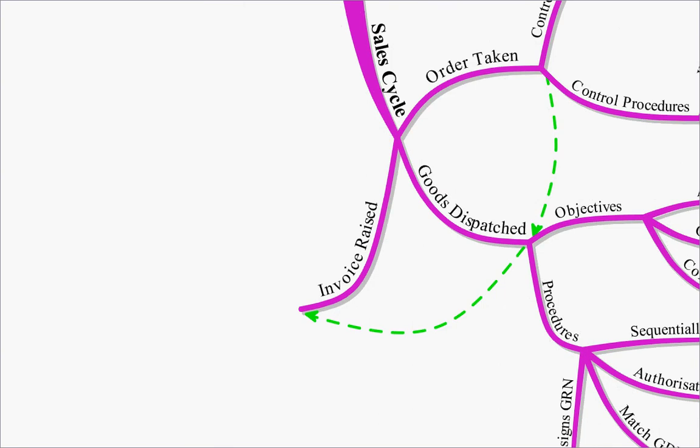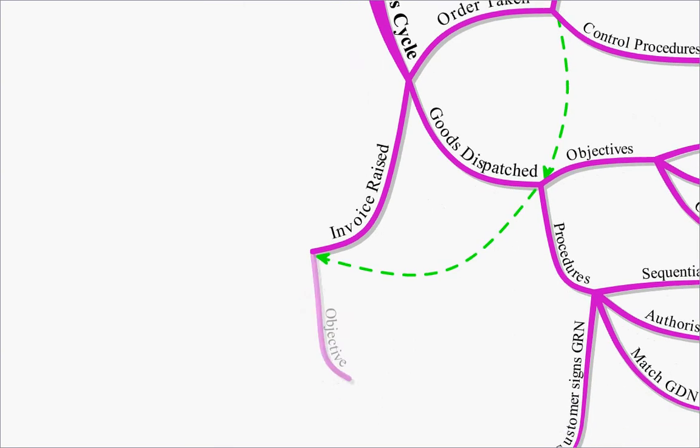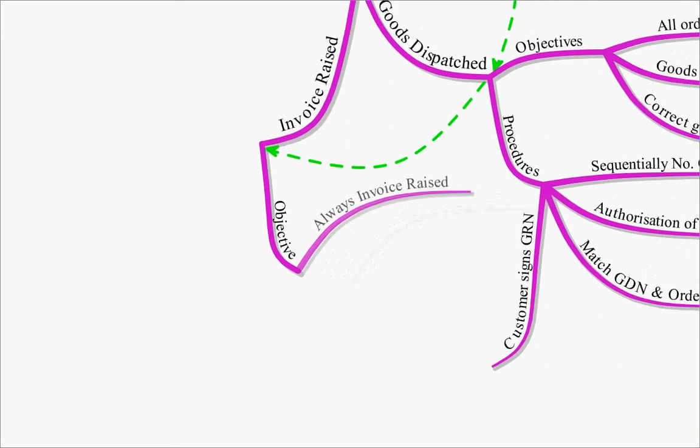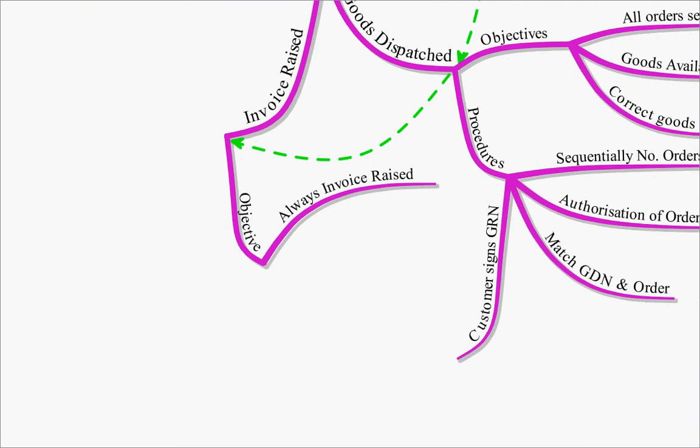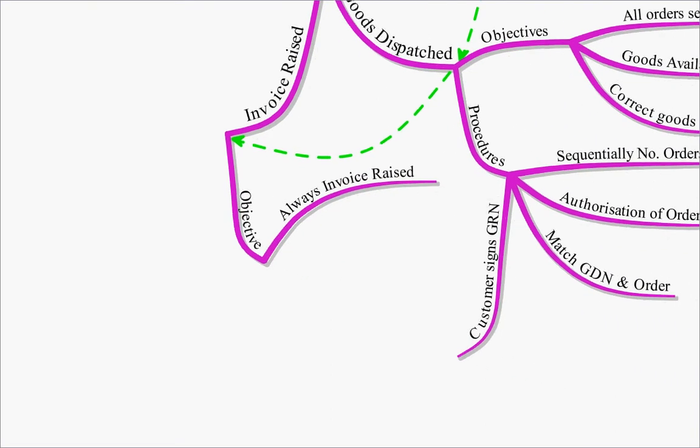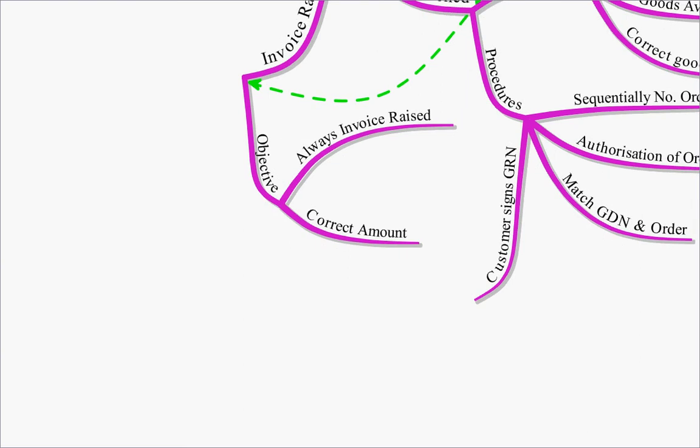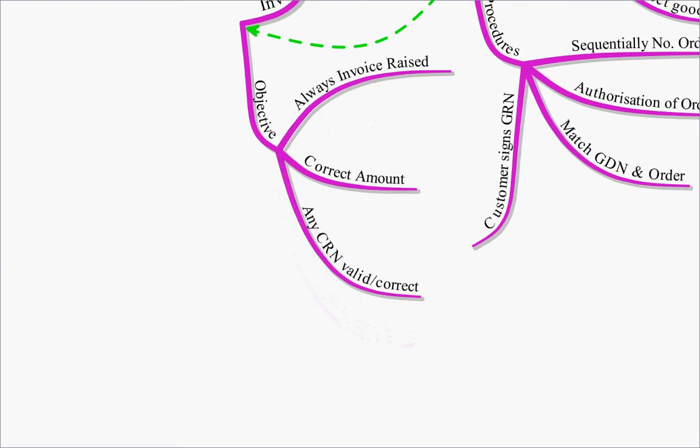Our next step is to raise an invoice. Our control objectives: we want to make sure that there's an invoice raised every time. We want to make sure that it's for the correct amount. We want to make sure that any credit notes which are raised are valid and for the correct goods.